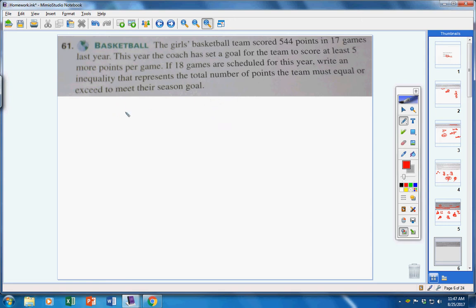The girls' basketball team scored how many points last season? 544. They did that in how many games? 17. So let's just see how many points they scored per game. There we go. So they scored 32 points a game.